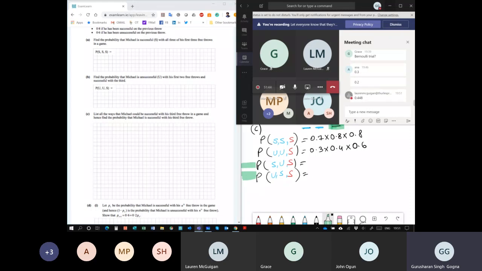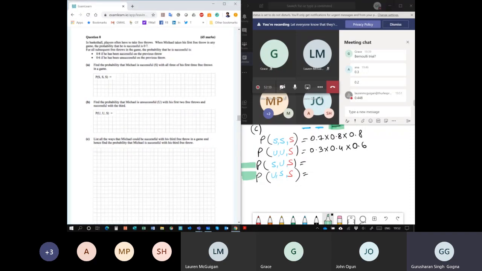Lauren said something. Can you split into numbers like this? What exactly is the probability you have taken? What is the individual probability for SUS? So first is 0.168.